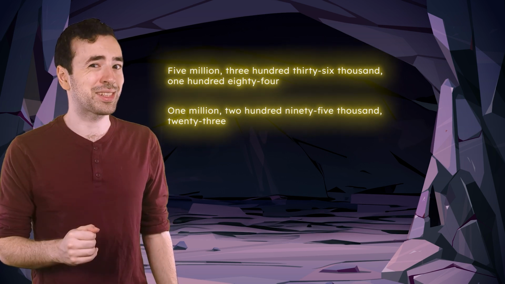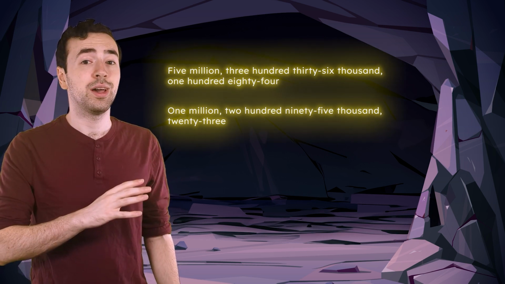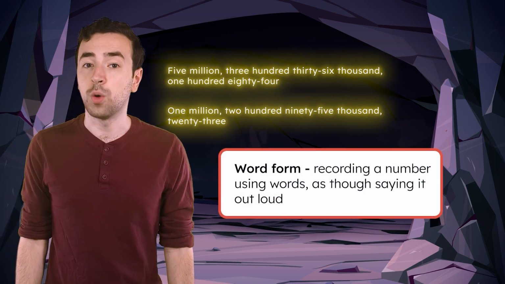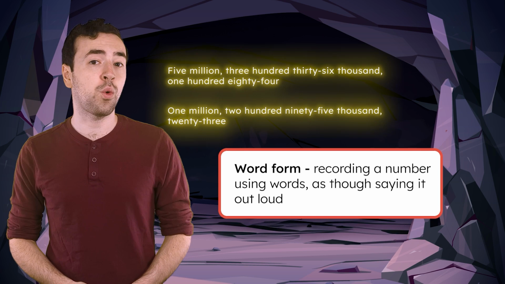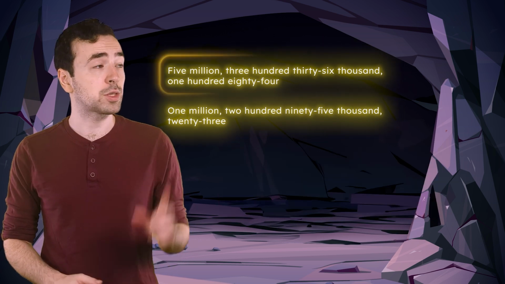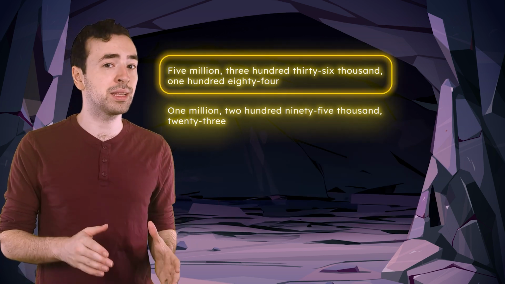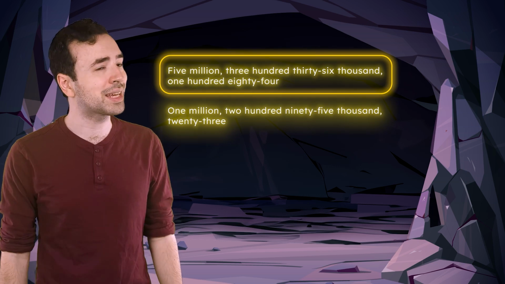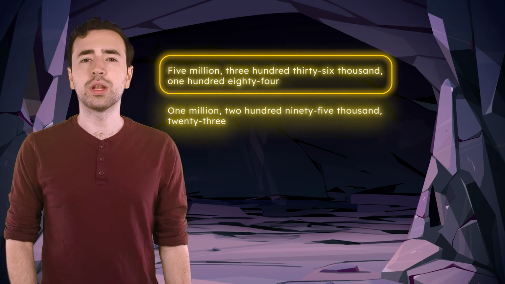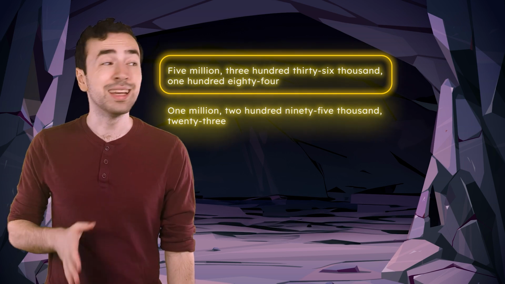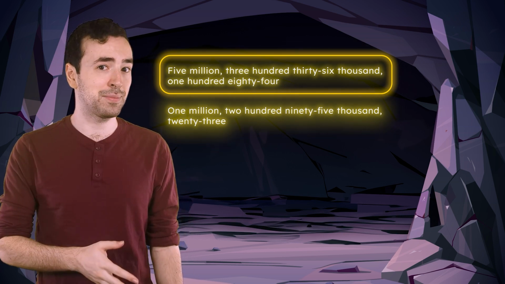These aren't digits, they're words. Whenever we say numbers aloud or write them down with words, we're using the word form of a number. This one on top says 336,184.